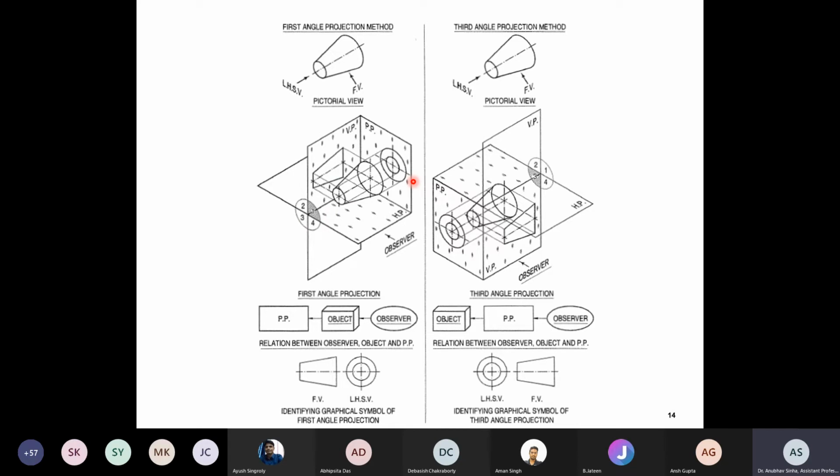For a plane it is not much important, but for solids it becomes very important, because it matters whether you are looking from the left or from the right. For example, if you are looking from the right, this edge, this circle will become hidden, right? Yes, sir.